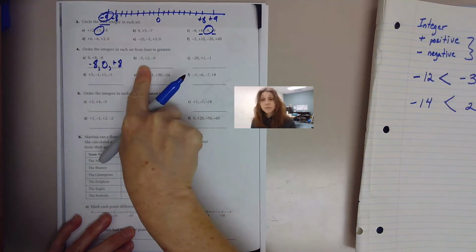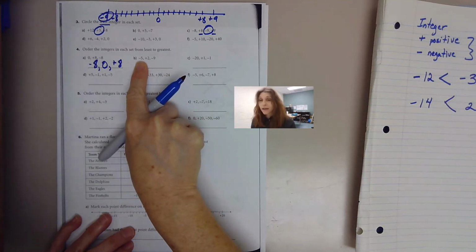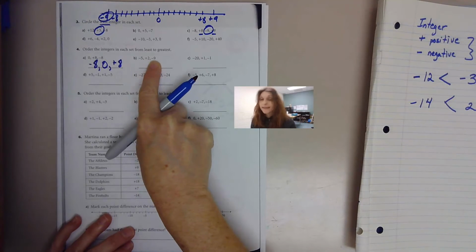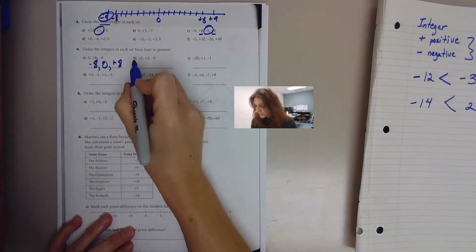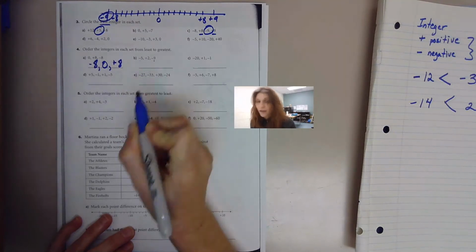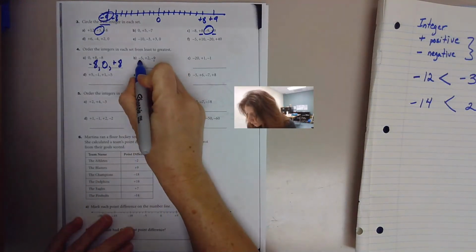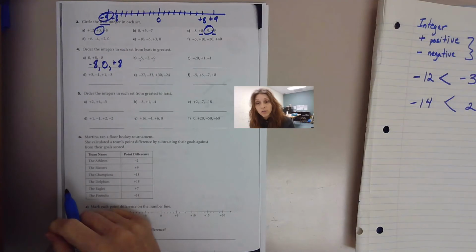I'll do B with you. Negative 5, positive 2, negative 9. So let's look at our negative numbers first. We have negative 5 and negative 9. Okay, which one is smaller?